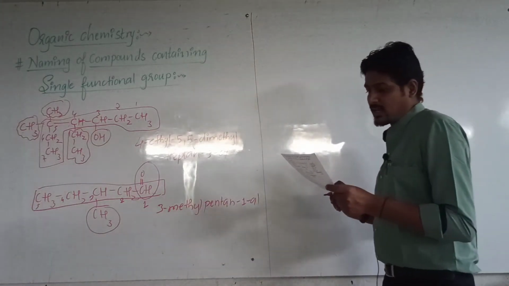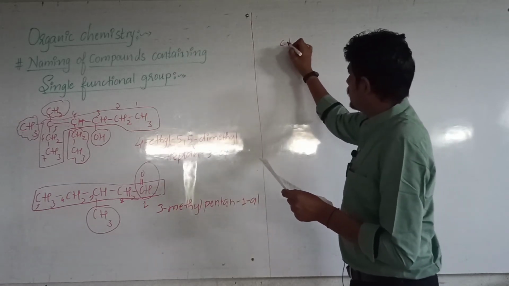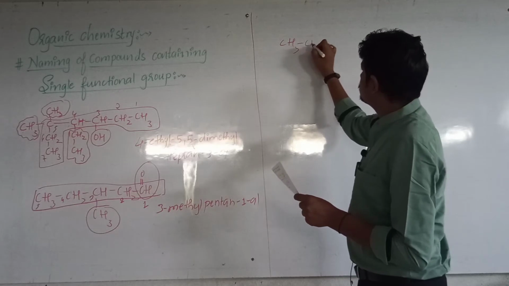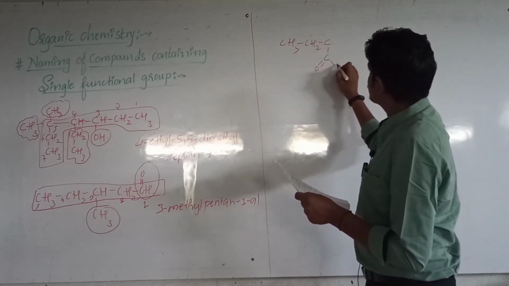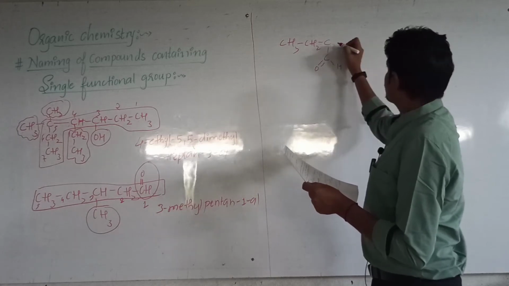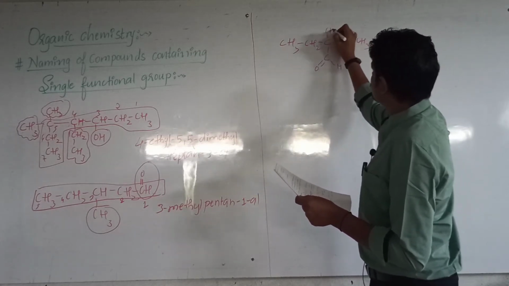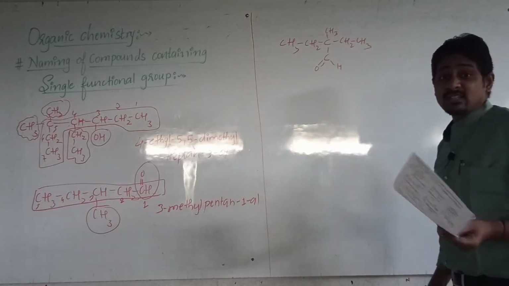Now let us see one more example. CH. Now this is one example. Now where is the functional group?